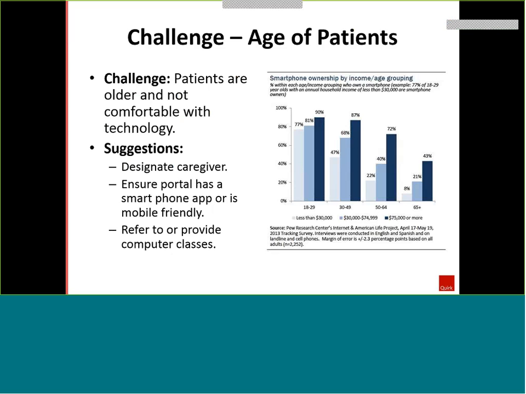Okay, and obviously we kind of mentioned this a little bit, but age is a big barrier sometimes. Folks that are a little bit older sometimes aren't comfortable with technology. And obviously some suggestions are, like we talked about, designate a caregiver and make sure that they have access to computer classes.